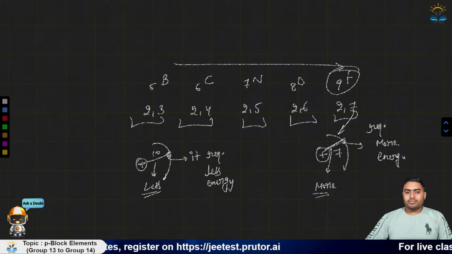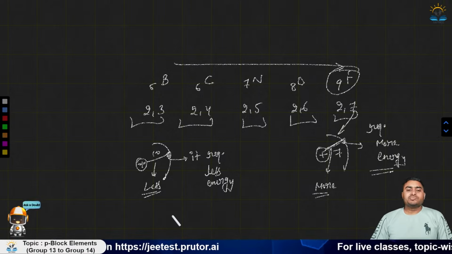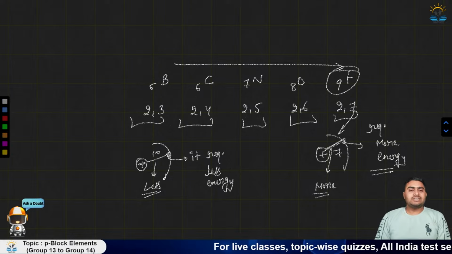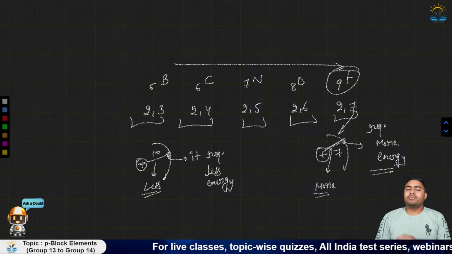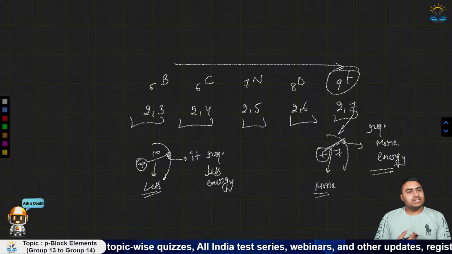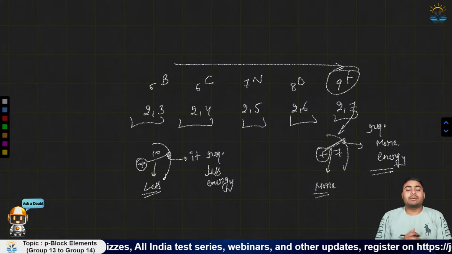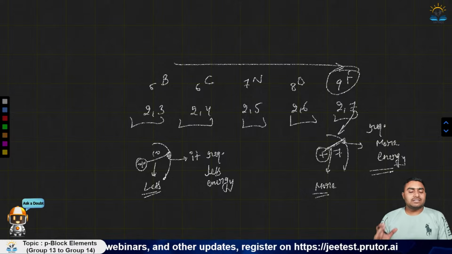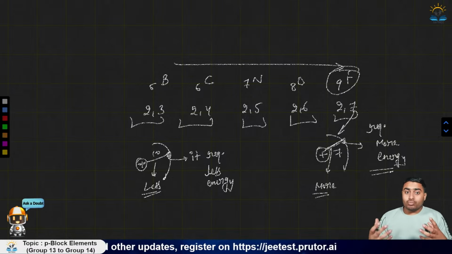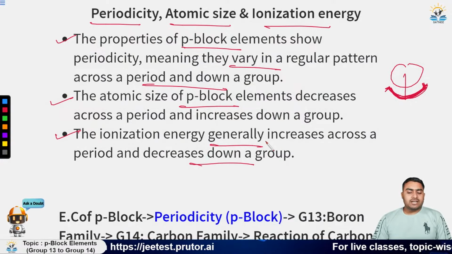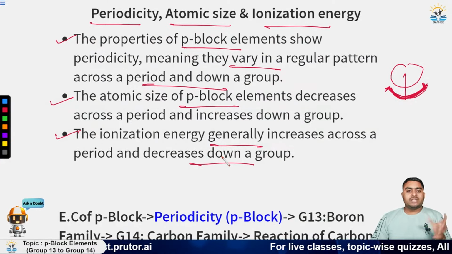So definitely the point says that due to increase in effective nuclear charge across a period, left to right in the periodic table, atomic size decreases and ionization energy increases, because we have to supply more and more energy if the nucleus and last shell electron attractions are more. So the ionization energy generally increases across a period and decreases down a group.